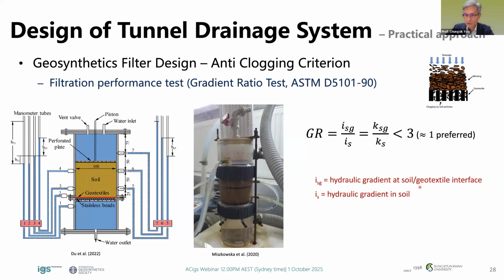So i_SG is the hydraulic gradient at the soil-geotextile interface, and i_S is the hydraulic gradient within the soil itself. Okay. So usually a GR value less than 3 is generally considered acceptable, but 1 is preferred.